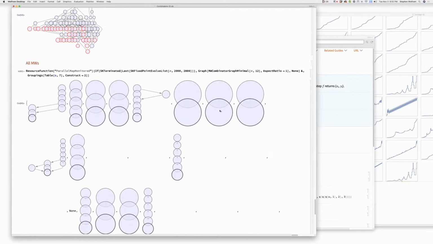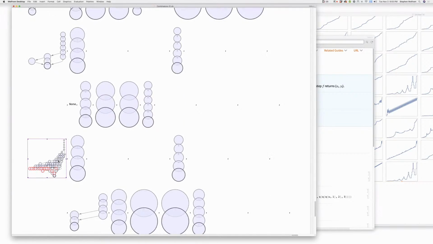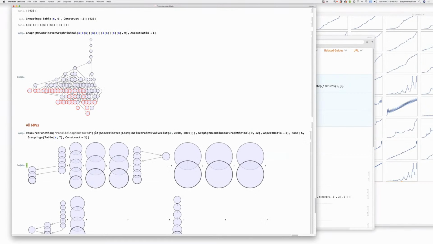Okay. So these heavy circles are the termination points. So this is a beaver that wasn't very busy. But this one here is interesting because this one here, let me just indicate what they actually are.